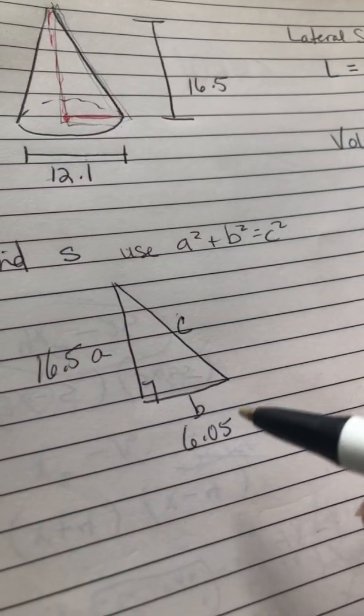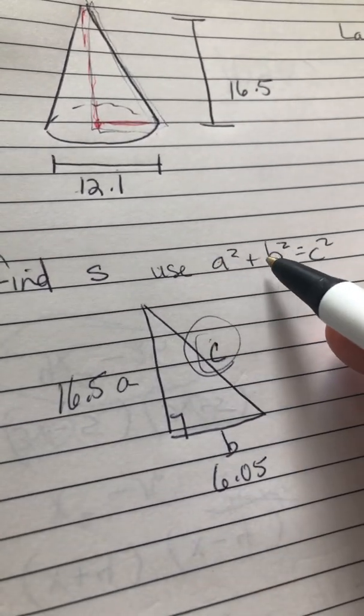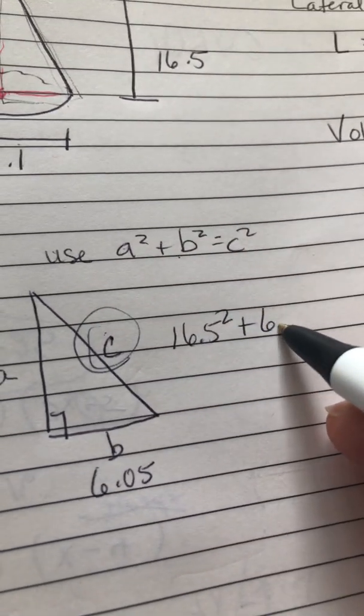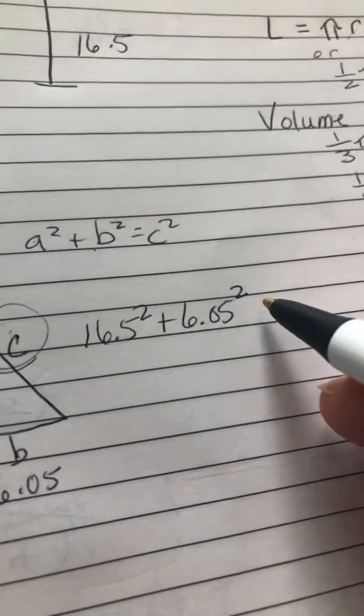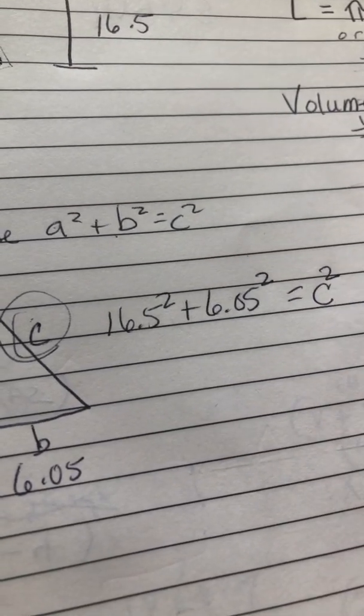And so now to find this slant height, we're going to do a squared plus b squared. So 16.5 squared plus 6.05 squared should give us whatever that slant height was squared.